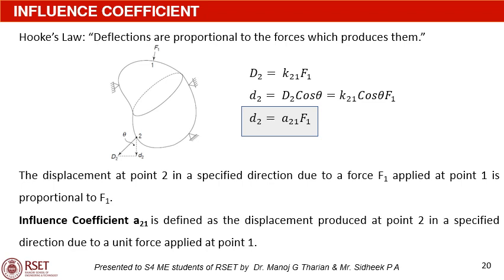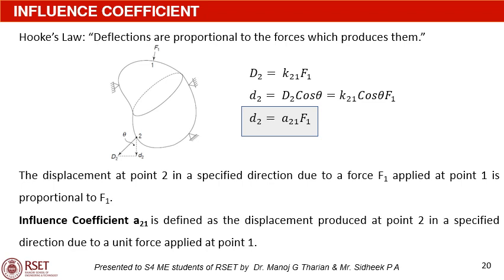Let theta be the angle between capital D2 and the vertical. When we are interested in the deflection in a specified direction, in this particular case vertical, the theta value will be a constant.